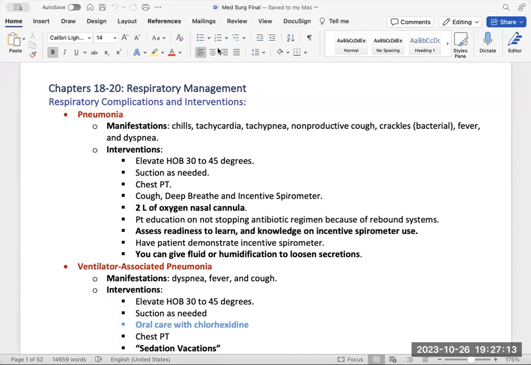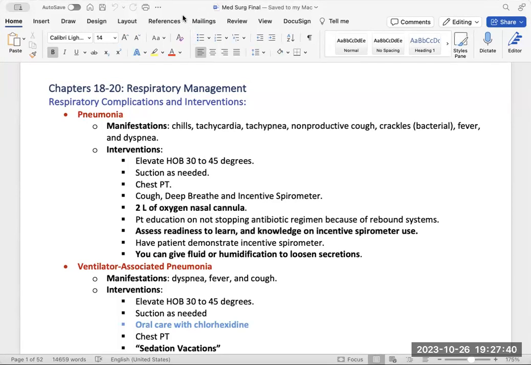Elevate the head of the bed. Promotes oxygenation and helping with breathing. What else? Chest PT. Helps get rid of some of those secretions. What else? Would I give them oxygen? Yeah. Right? Maybe suction.